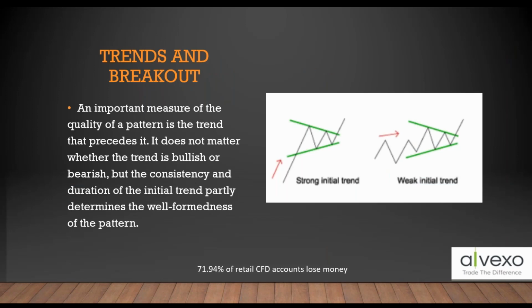But with triangles and all chart patterns, though, what matters is the quality of the trend. Okay. When a pattern develops in a well-developed trend, that pattern is more reliable than when it develops in a weak, unqualified trend. Okay. Here you have two sets of price movement.